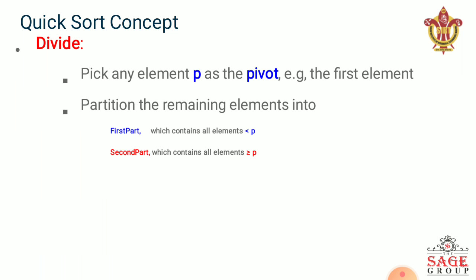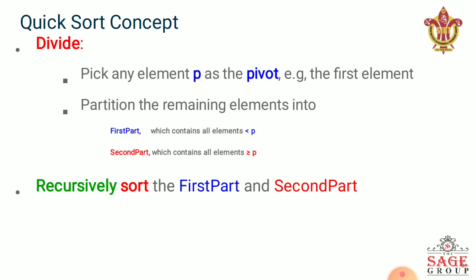Now we partition the remaining elements into a first part and a second part. We divide our problem into two parts. The first part contains all elements which are lesser than the pivot element p, and the second part contains all elements which are larger than or equal to the pivot element.